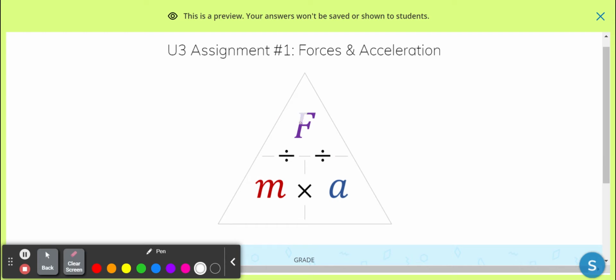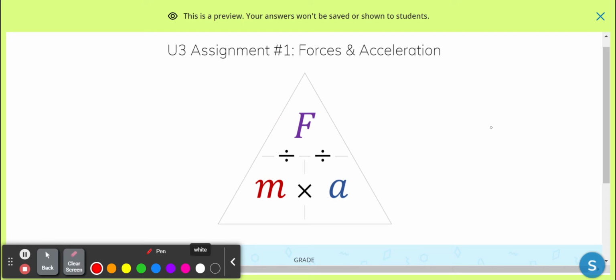So if I cover up the F and take out these two equation symbols here, what's left is this M times A. So force is going to be equal to the mass times the acceleration of whatever object is in motion, whatever is accelerating. But like I said, a lot of times acceleration is the hardest thing to directly measure, so a lot of times that's what we want to solve for.